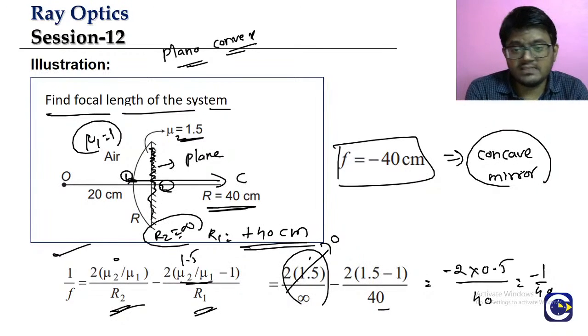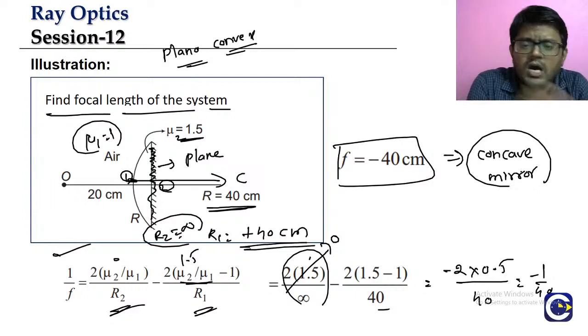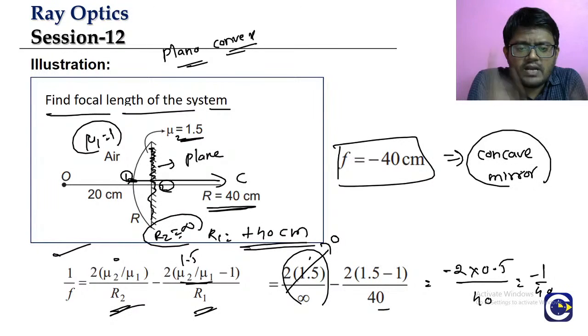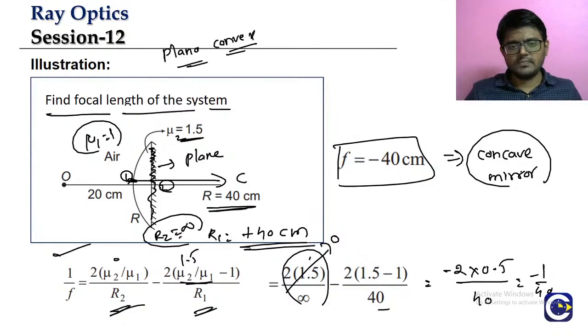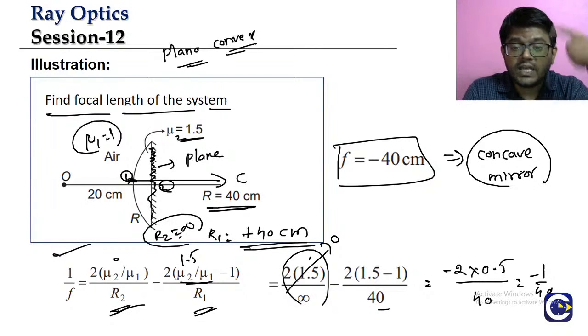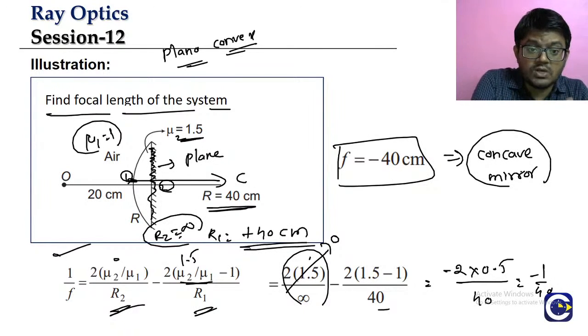Depending upon the lens given to us, the R1 and R2 values will change. The only thing we have to keep in mind is to substitute R1, R2 values along with the sign convention. Then we will be able to get the focal length. Once we get the focal length, we have to keep in mind that it is going to be used just like the equation of the mirror, because the overall behavior of this lens is now going to be like a mirror.